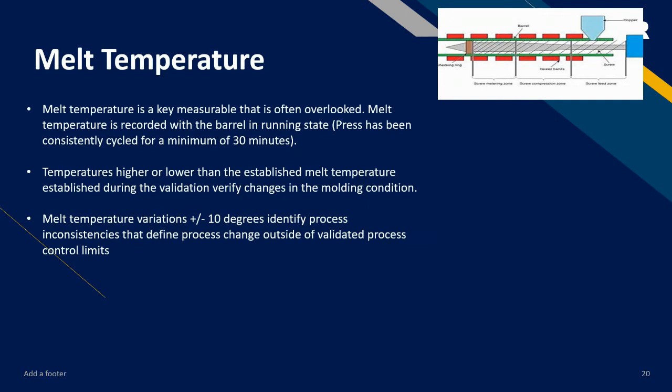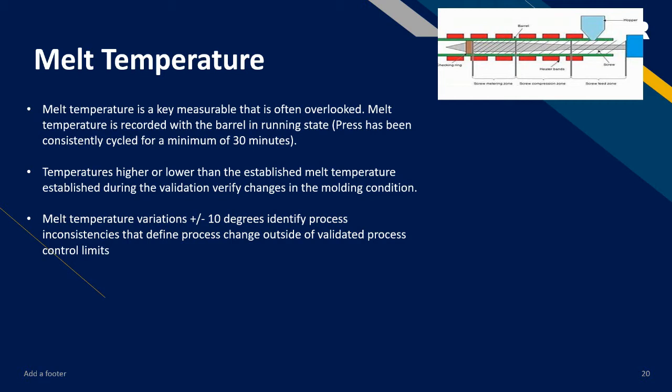Now, melt temperature is another key measurable that's quite often overlooked. Melt temperature is best recorded with the barrel in a running state. So you're going to want the press to run for a minimum of 30 minutes before recording melt temperature. Your melt temperature should be compared to your SDS. Generally, the material manufacturer will give you information telling you what the melt temperature should be, and generally that would be 25 degrees above or below the melt temperature given on the sheet.